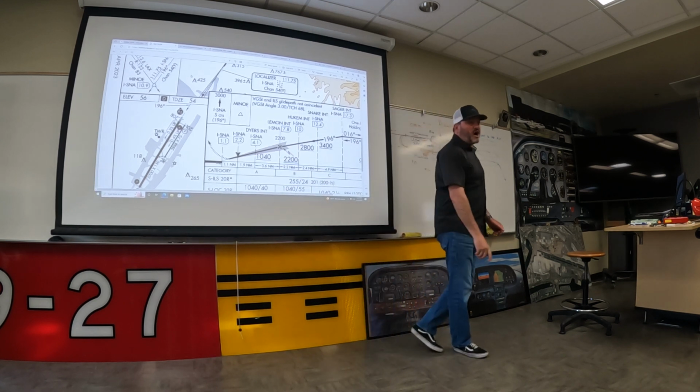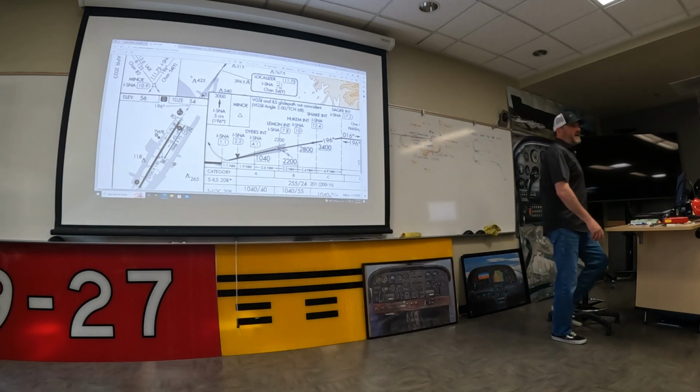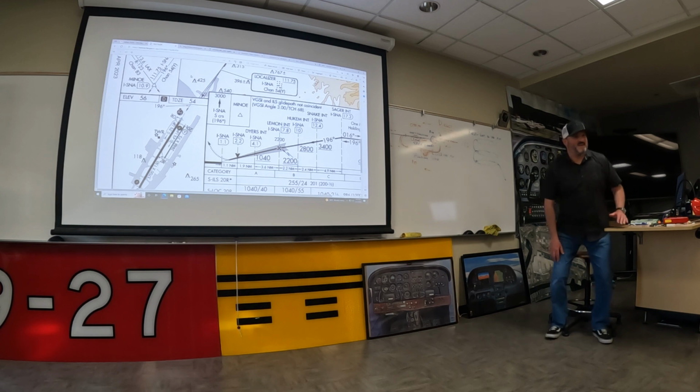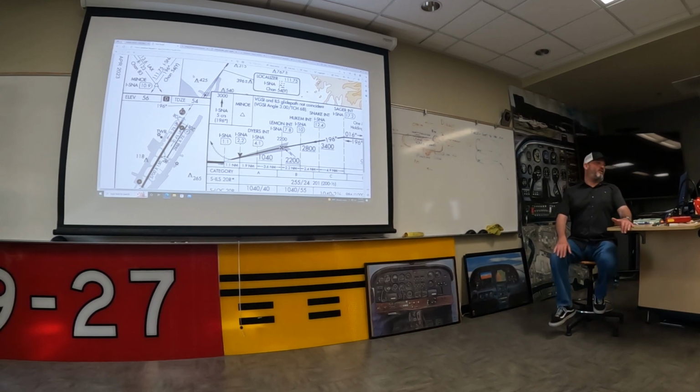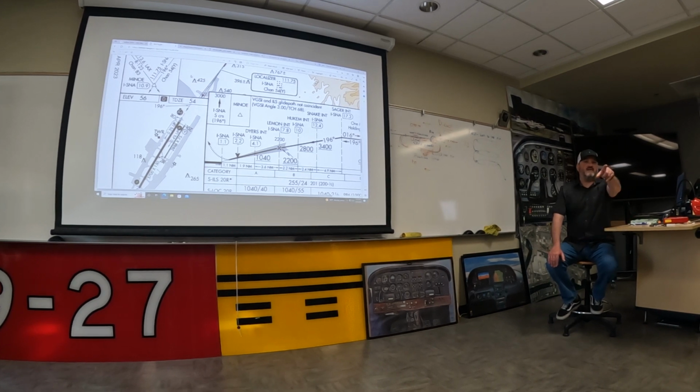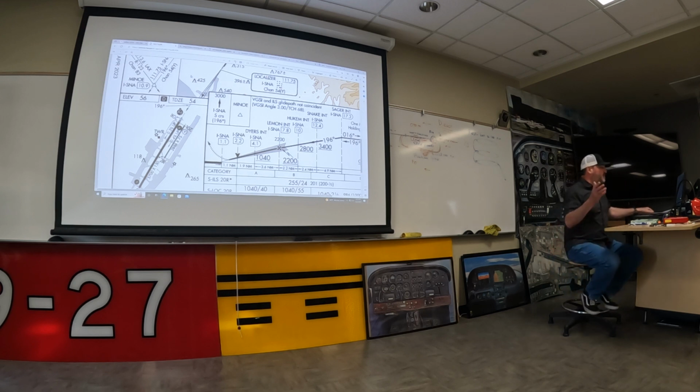What is this symbol? The Maltese cross. What does the Maltese cross identify? It's the non-precision point, FAF. What's FAF stand for? It's the non-precision final approach fix. It's the last fix before you're established on the final approach course.